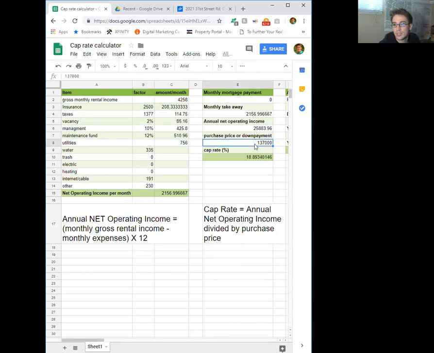The purchase price would be that. And net operating income, monthly takeaway. So that's what you're walking away with. That's the annual net operating income. So that's your purchase price. There's your cap rate.